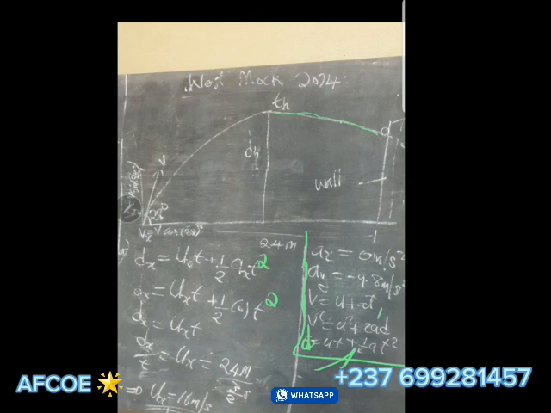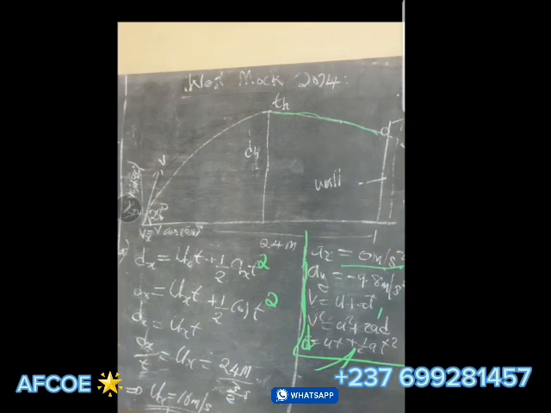Now if you substitute ax to be 0, you just get dx equals uxt, and dx on t equals ux. So dx on t will be 24 meters over 1.5 seconds, and that gives you 16 meters per second. So that is your speed in the x direction.